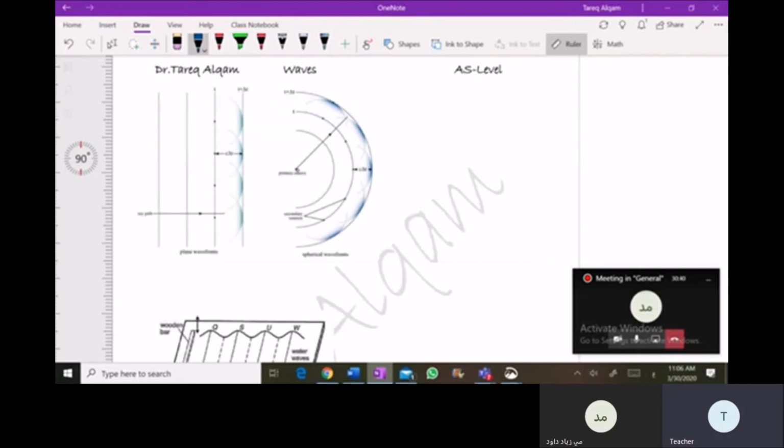Here, these are wave fronts. Right? The line that is drawn here, we call what? Ray. The ray must be perpendicular to the wave front. And so on. Here, this is the ray.